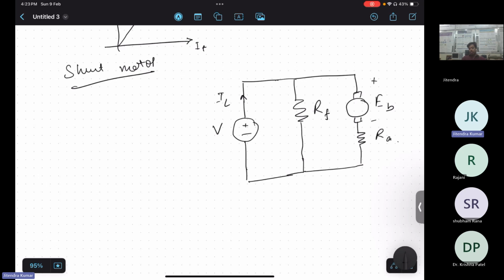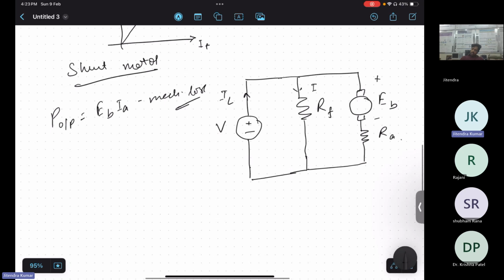If you imagine the motor side, the electromagnetic power is EB into IA, and the output power will be EB into IA minus mechanical loss. IL, as I mentioned, is equal to IF plus IA.